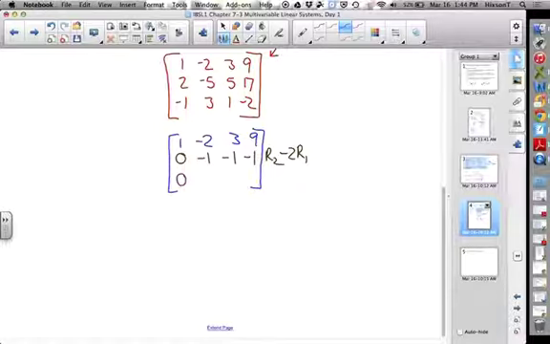But then, shouldn't the top still be the same? The top is still the same, okay, but I changed this second row here. Alright? Will you always do row 2 minus the coefficient of the first one in the second row?